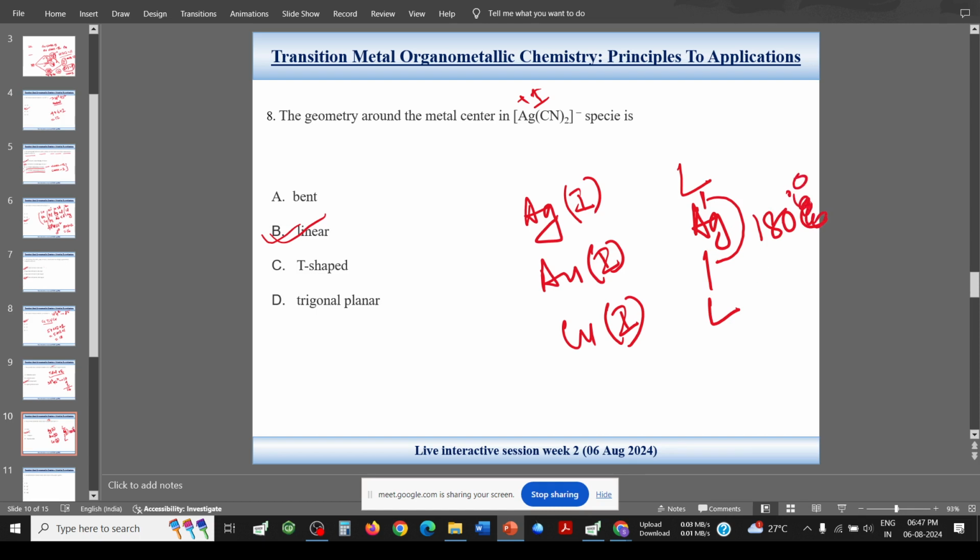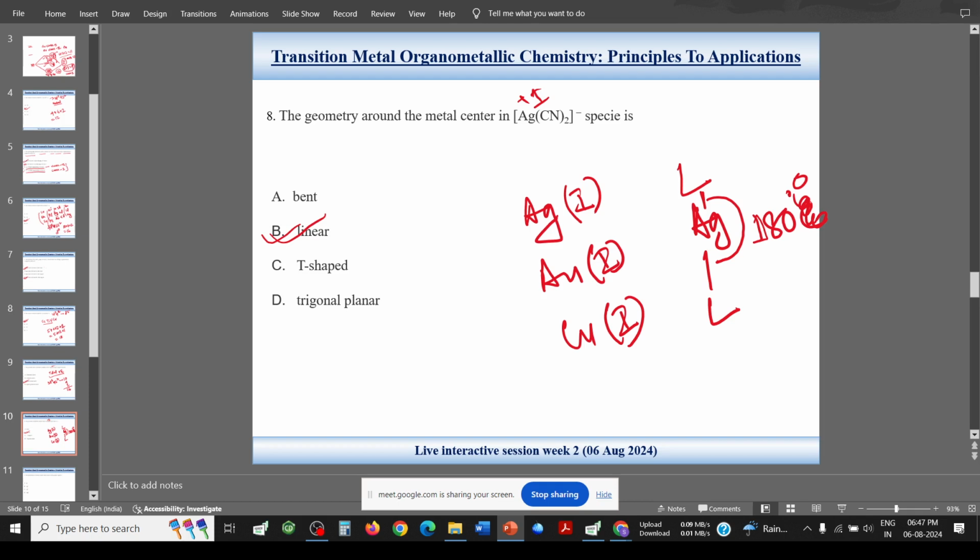It can deviate a little from 180, but in most cases it is 180 degrees. This is very general information for the coinage metals in the plus 1 oxidation state showing linear geometry.